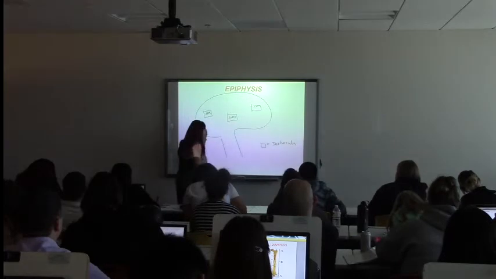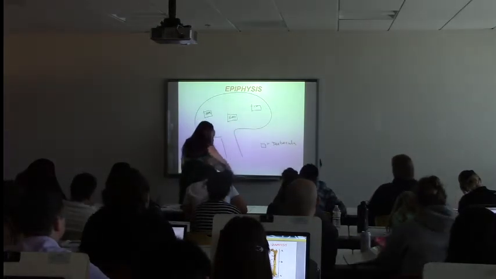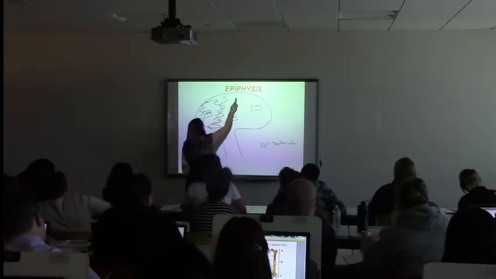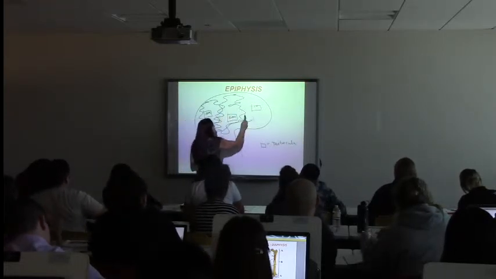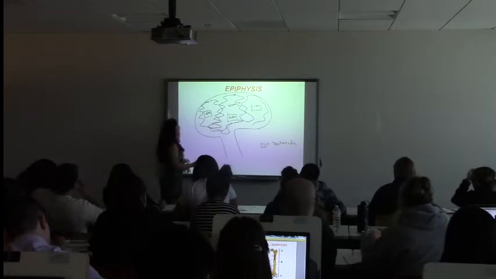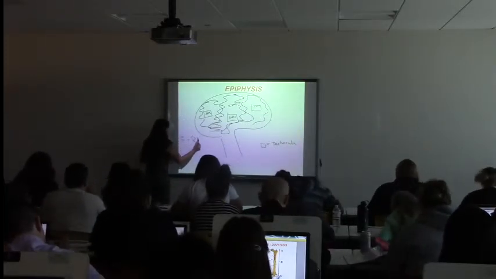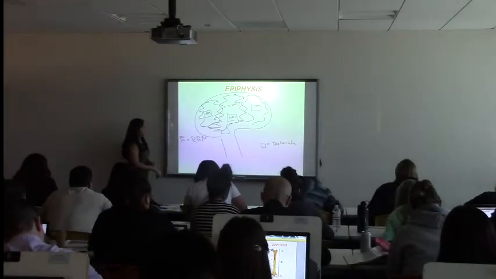The rest of it, around the trabeculae, is red bone marrow.